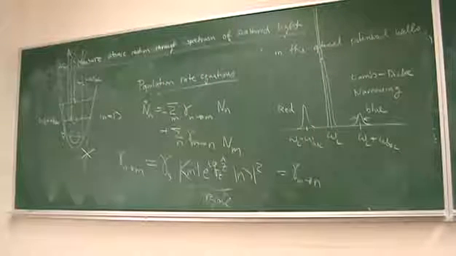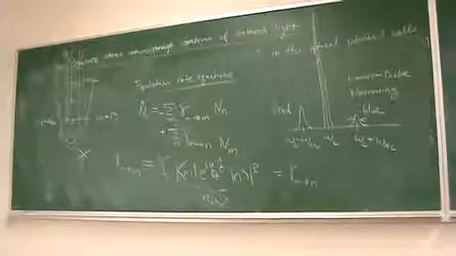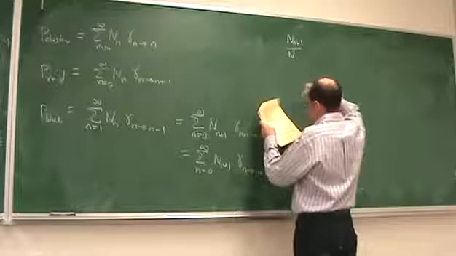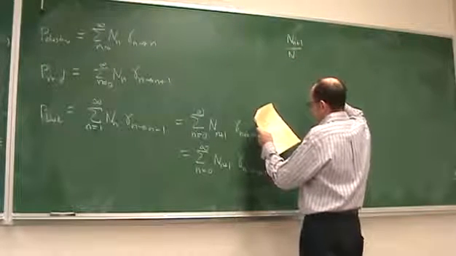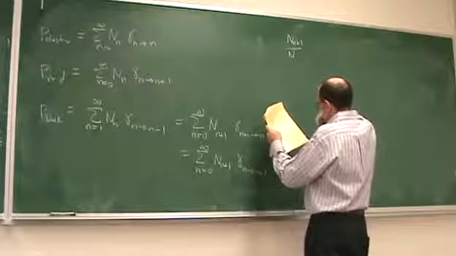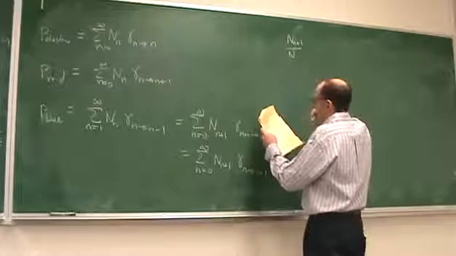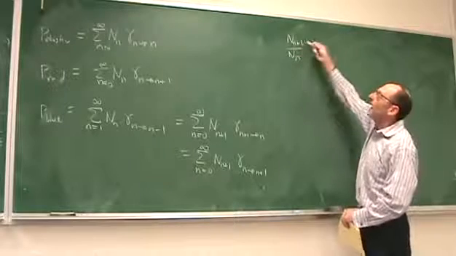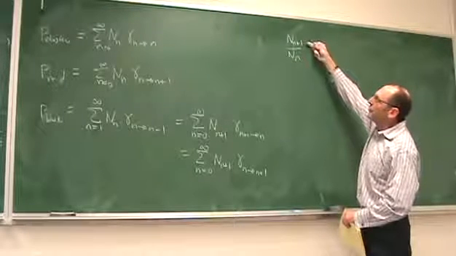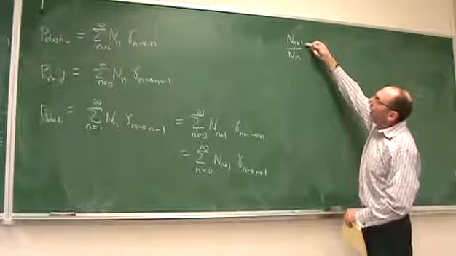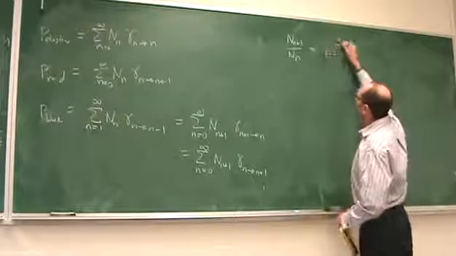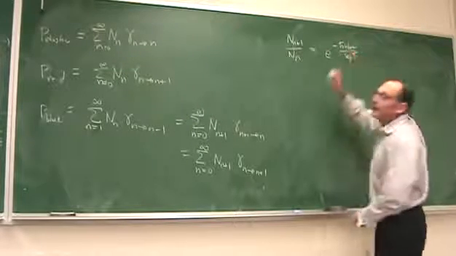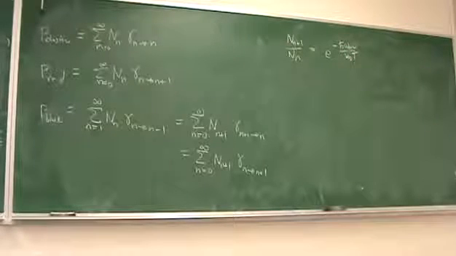So, to the degree that this is a harmonic oscillator, the fraction that's in the n plus 1 state relative to n is the Boltzmann factor, which is the energy level spacing divided by the temperature in Boltzmann units.